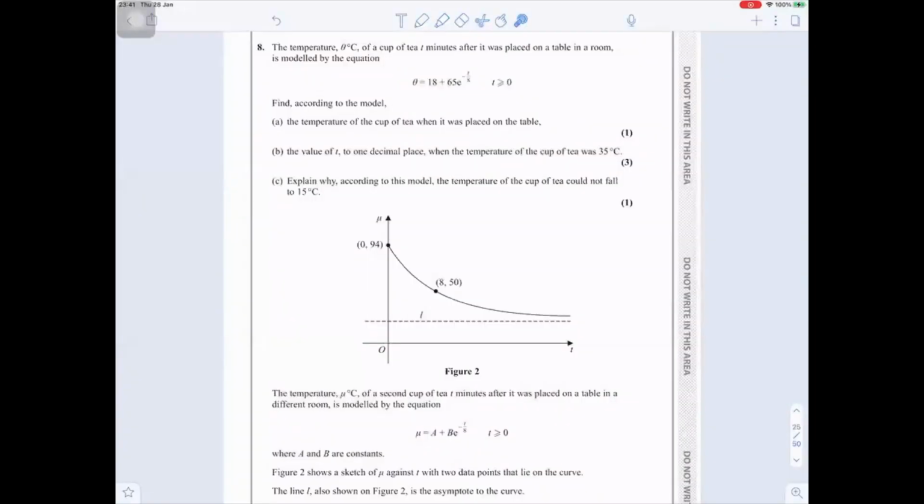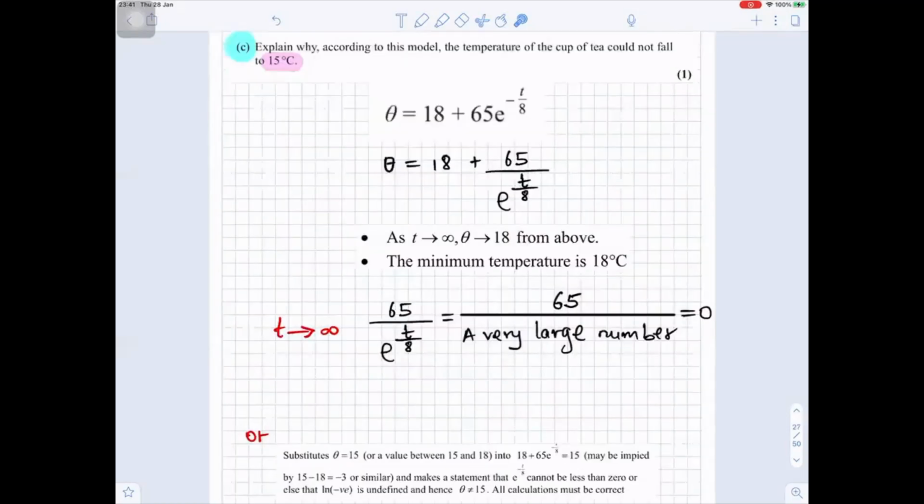So 8 part C. Explain why, according to this model, the temperature of the cup of tea could not fall to 15 degrees Celsius. If we write it as theta is equal to 18 plus 65, and for e to the minus t over 8 we can put it underneath, it becomes e to the t over 8.